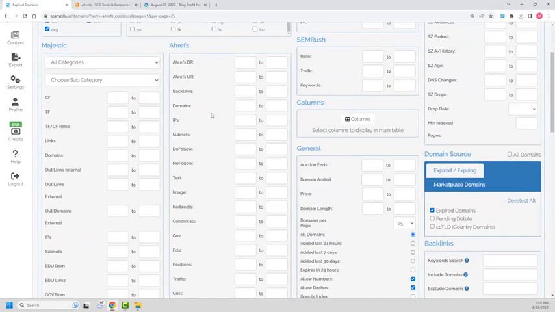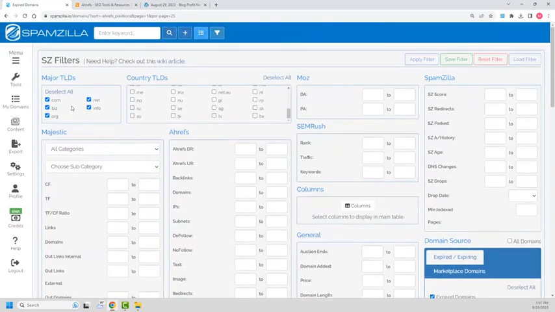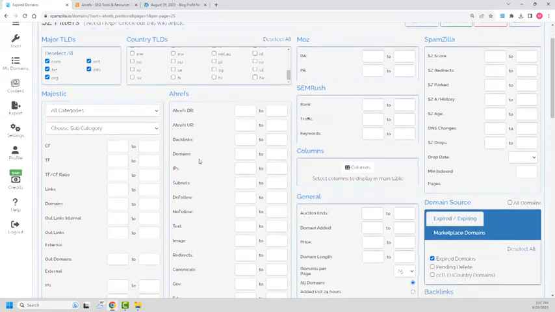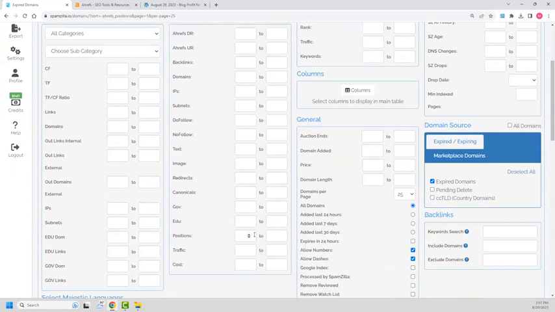Then you can set your parameters, select yes or no. If I want to make sure it has positions in Ahrefs, you could set that here.